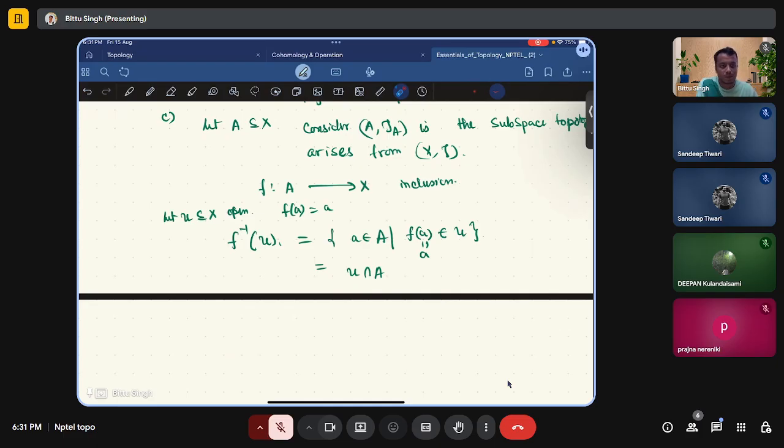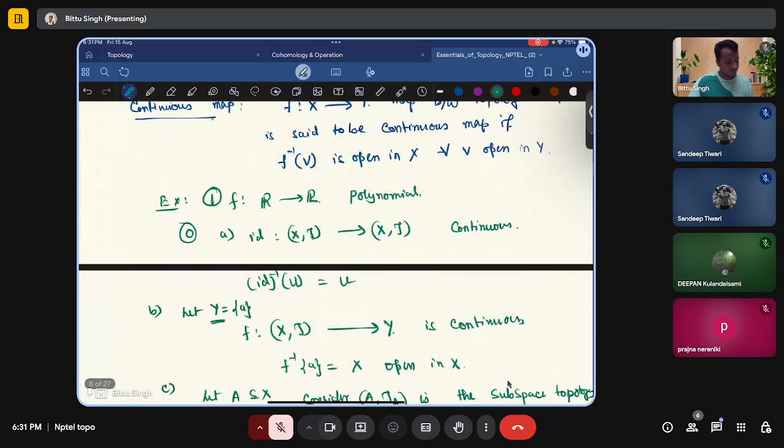The open set in subspace topology is given by intersecting with that subspace, that subset. So this is open in X and we are intersecting with A, therefore this will be open in A with respect to the subspace topology.